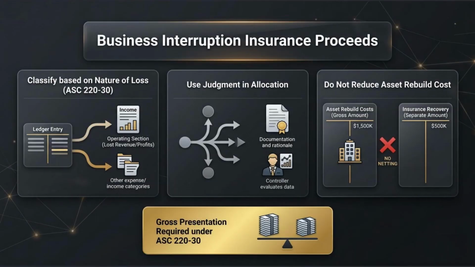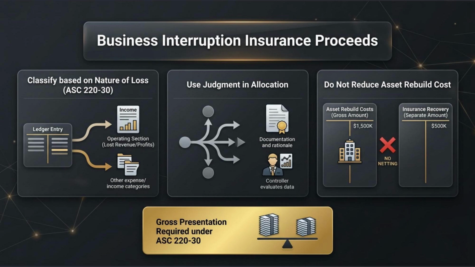A strong answer would say that business interruption insurance proceeds are presented based on the nature of the underlying loss being compensated. If the proceeds replace lost margin, fixed charges, or extra costs, the presentation should follow that substance. Management must use judgment when one insurance recovery covers several categories of loss.